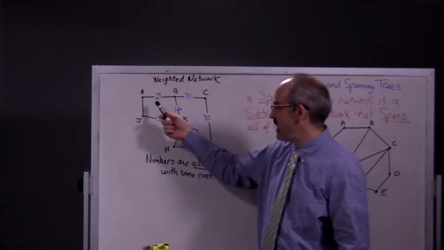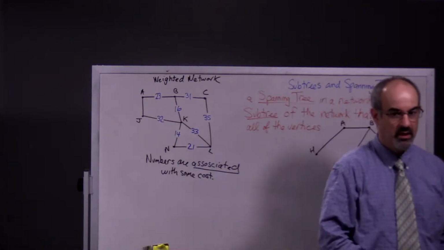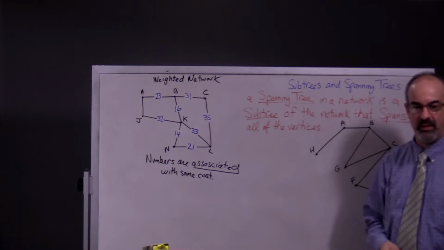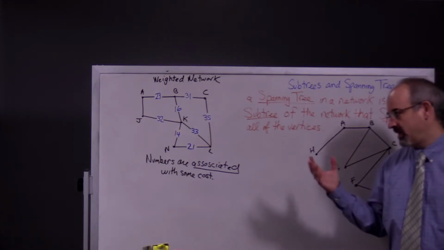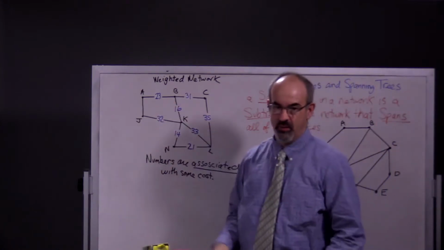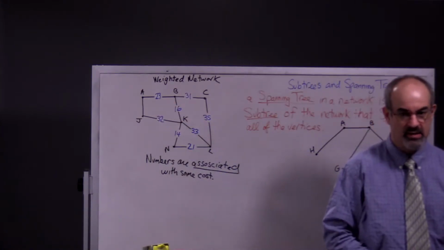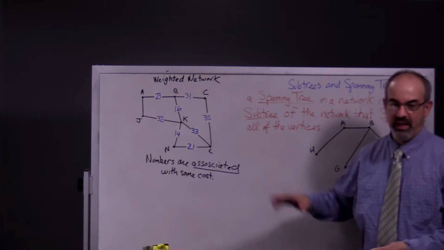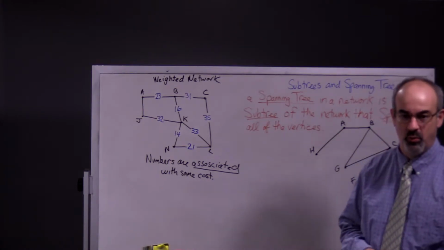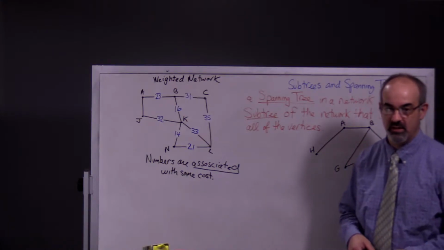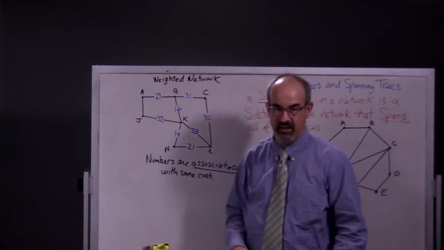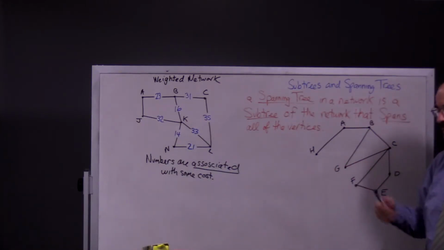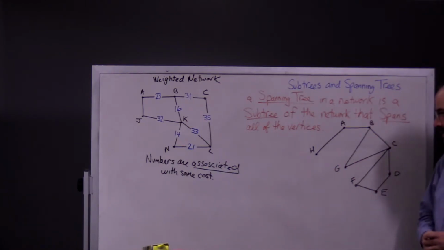Like it could just mean the mileage between A and B. It could mean how many kilometers are between A and B. But it means something, in other words. It's weighted. The number has a meaning, okay? When we get to specific problems, they'll tell you what the number means, whether it means mileage or how many minutes or whatever it means, but it's some cost.